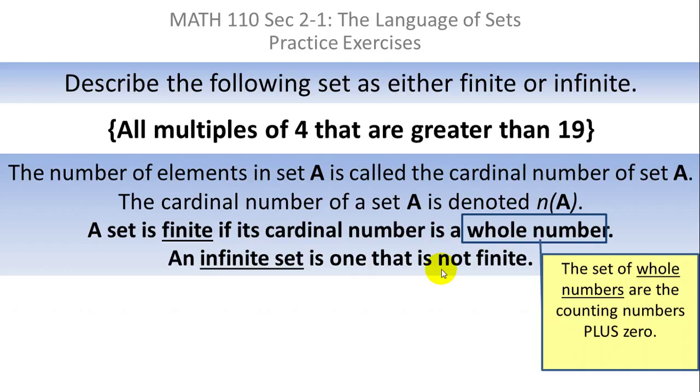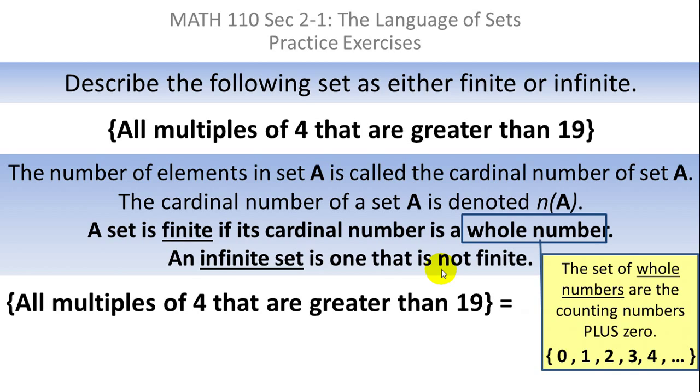So like I said, the whole numbers are the counting numbers plus 0. So you've got to be familiar with this terminology first of all. That would be the set starting with 0 and then the counting numbers 1, 2, 3, 4 and on forever. Now all multiples of 4 that are greater than 19.